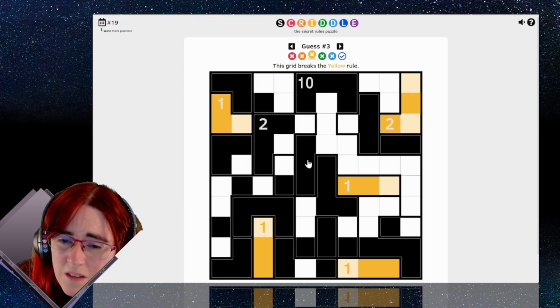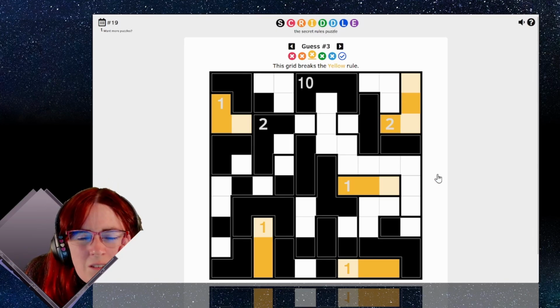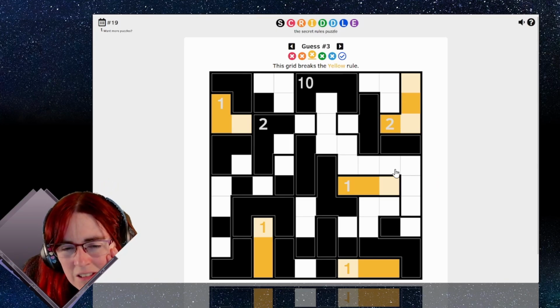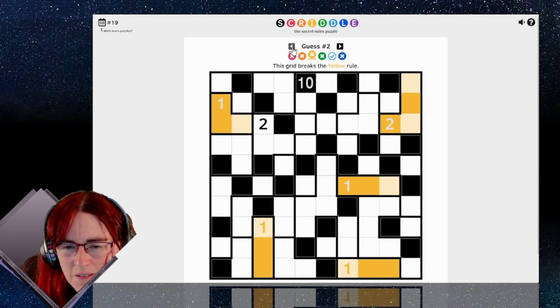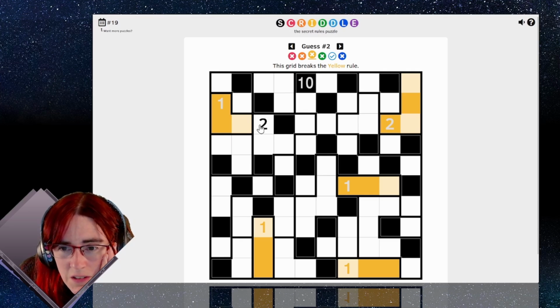That's 10, not 11. No, that makes no sense. No, I thought it was. It kind of makes sense because this one is happy when we have 1, 2, 3 distance between them, and it's got a 2 on it.